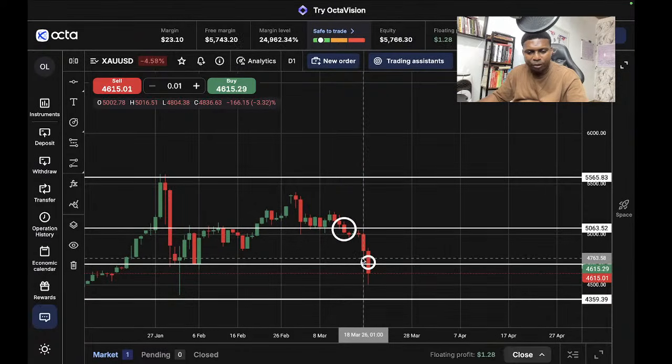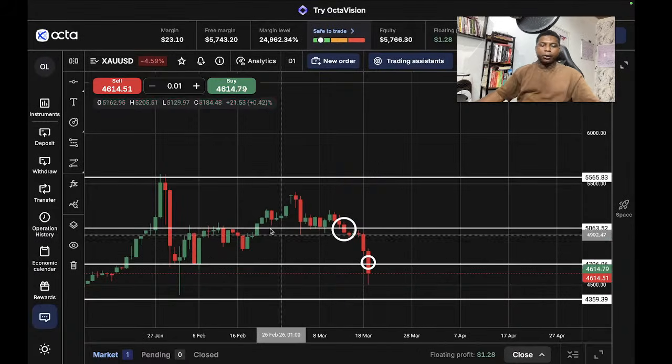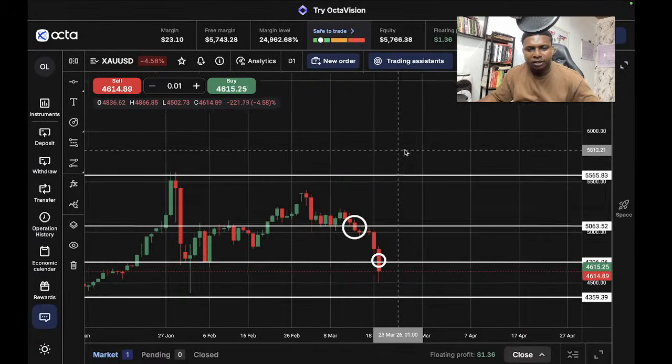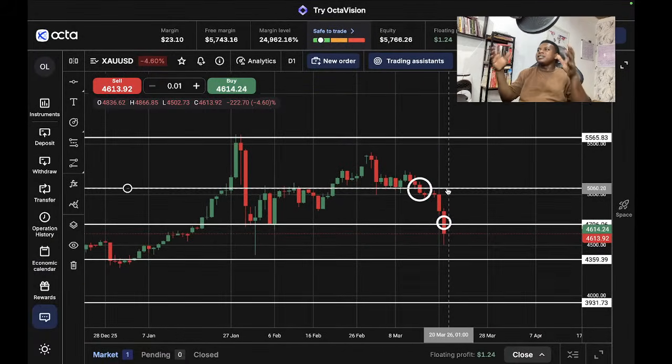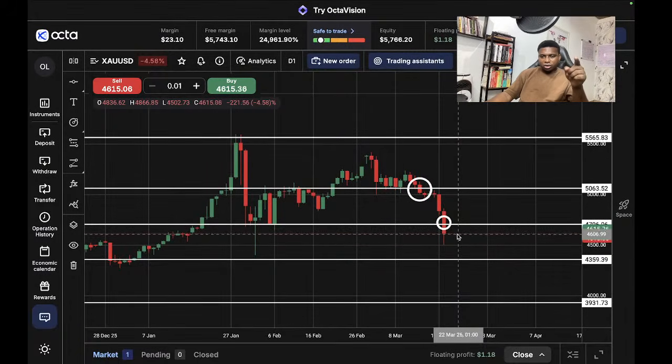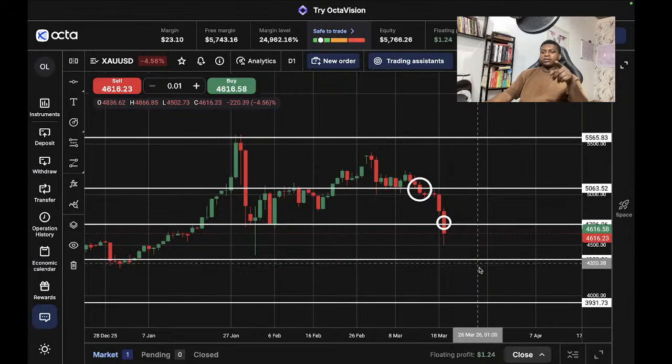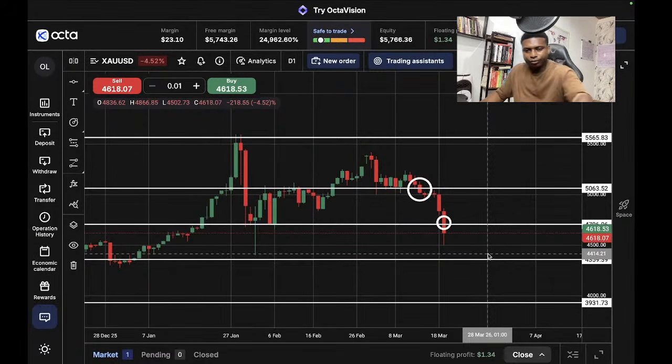This is very important. Now, this is only signaling something interesting, further interesting, that we might see price continue to drop further up until 4,300. Okay, up until 4,300. Good.